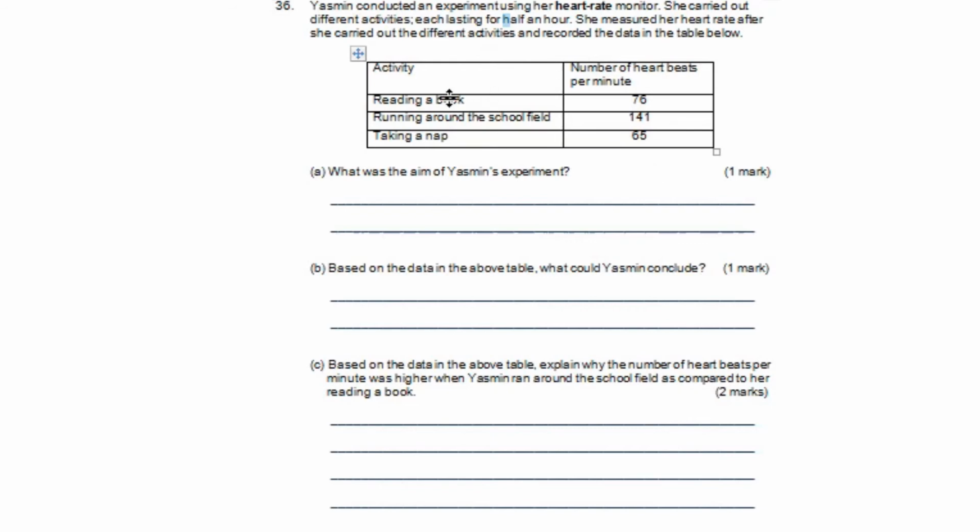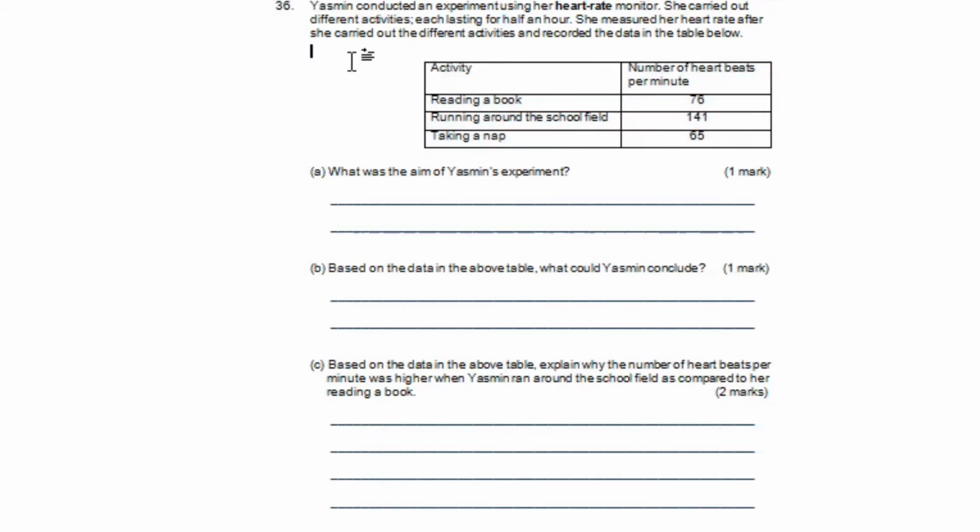So different activities like running, reading a book, running, and taking a nap, and we see the different numbers of heartbeats. Now this is a question that we have actually done before, and it is about heart rate and activity. What is it that we are testing you on now? Okay, it's definitely based on P5, circulatory and respiratory system.